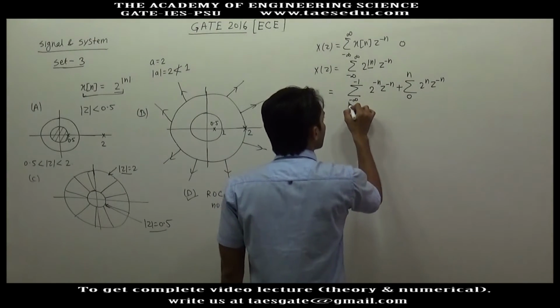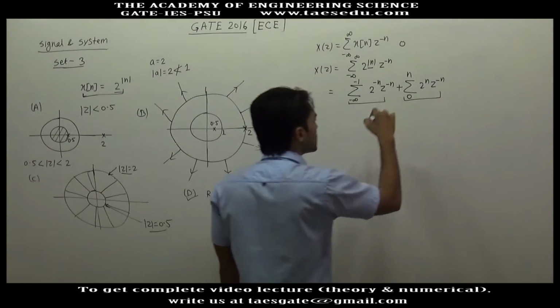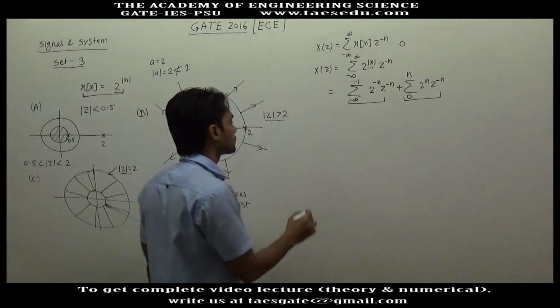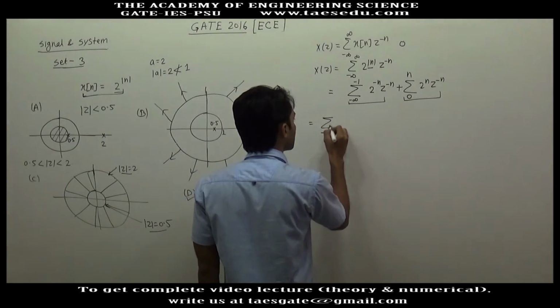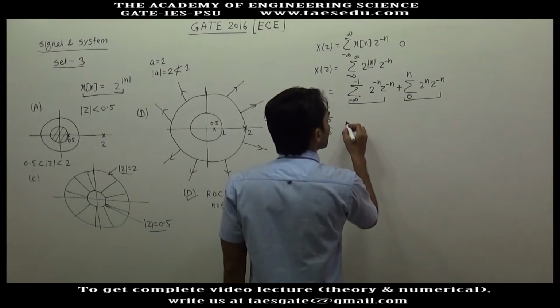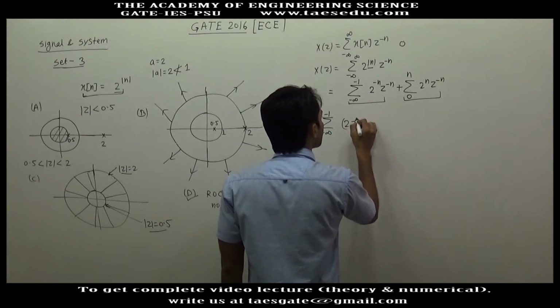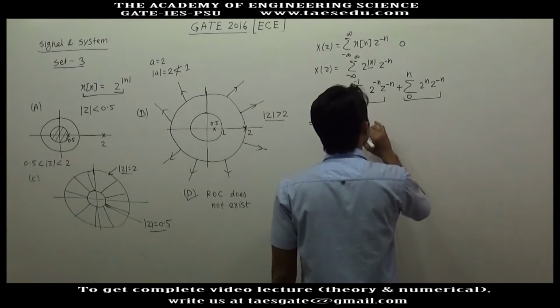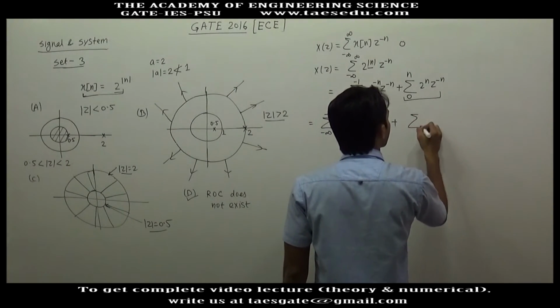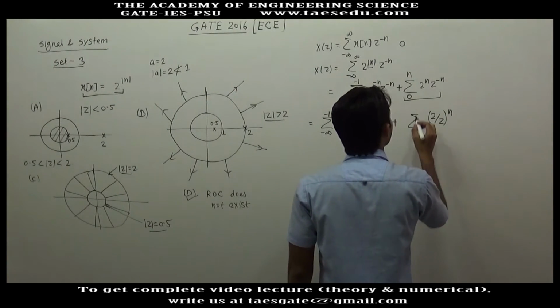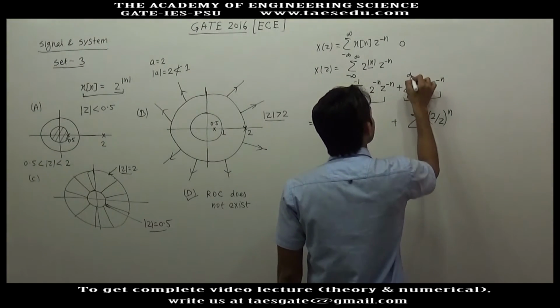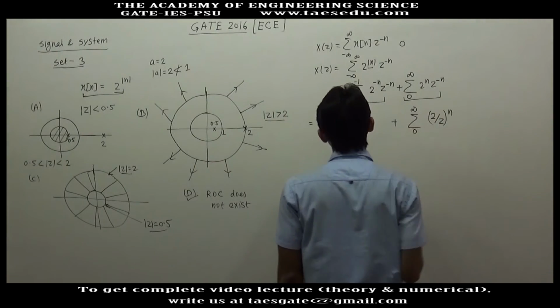So we have two series and both have to converge. Here n varies from minus infinity to minus 1, giving the sum of (2z) to the power minus n, plus the sum of (2 divided by z) to the power n, with n varying from 0 to infinity.